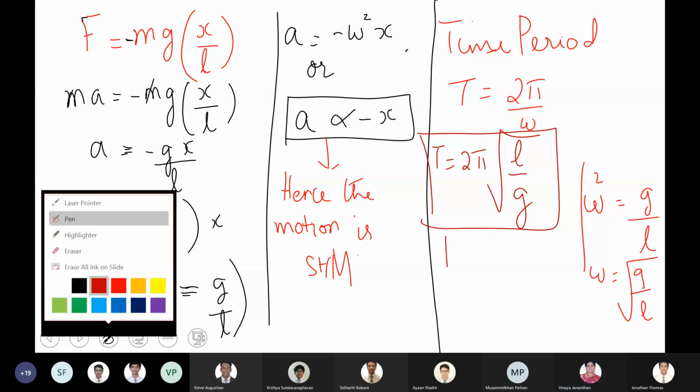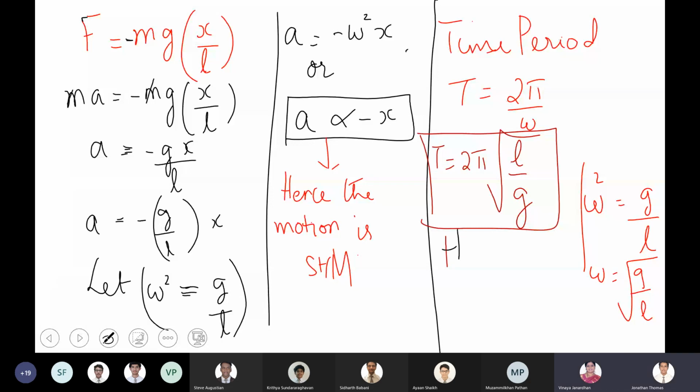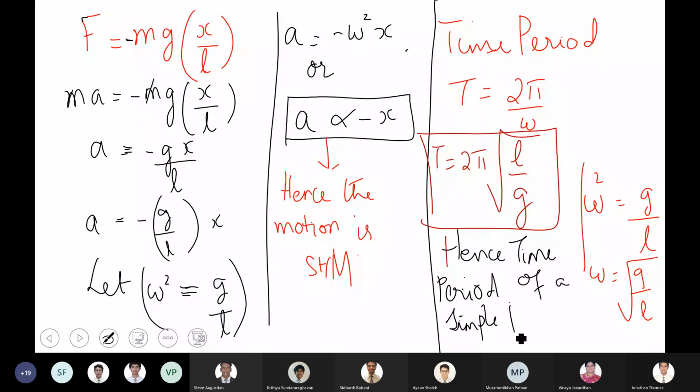Hence, the time period is independent of this. Omega is also a constant in SHM. Correct. Hence, the time period of a simple pendulum is independent of mass.